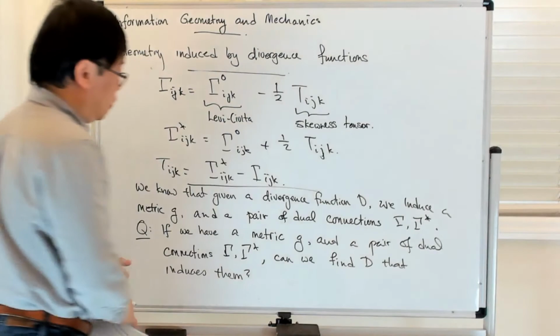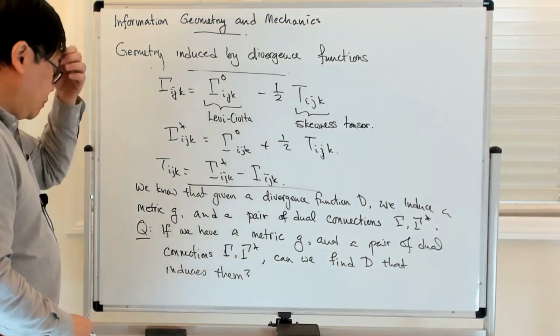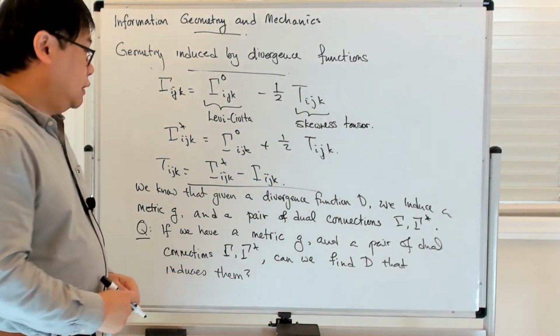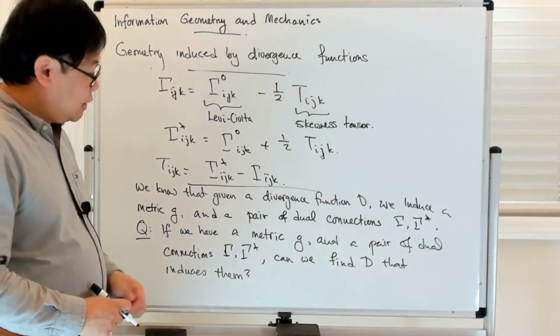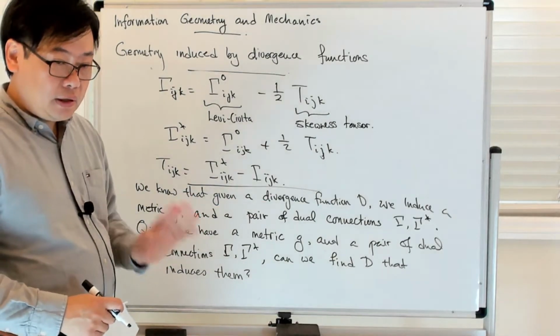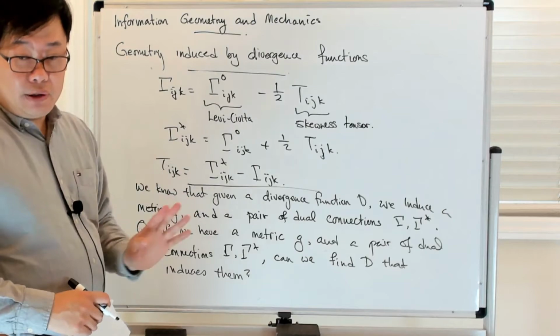We already know one direction, the forward problem, right? Given the divergence function, I can compute a metric and a pair of dual affine connections. If, on the other hand, I gave you a metric and a pair of dual affine connections, can I find a D which induces those things? And so the first observation, if you will, is that this D is not going to be unique, all right?